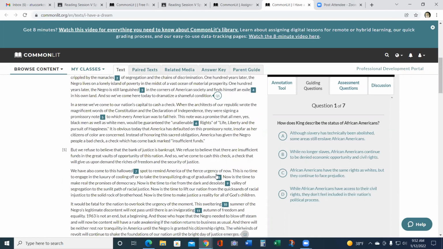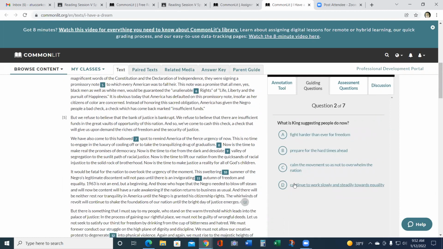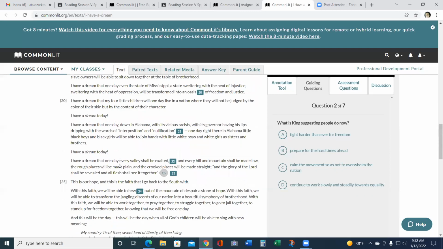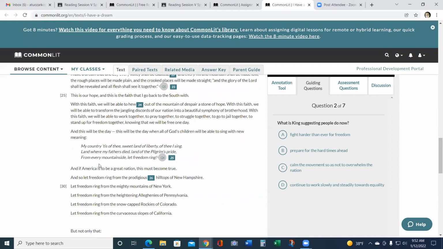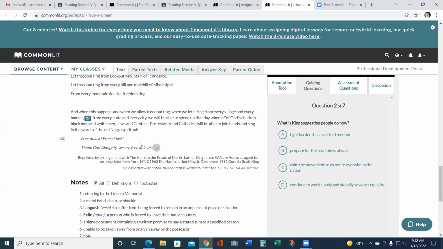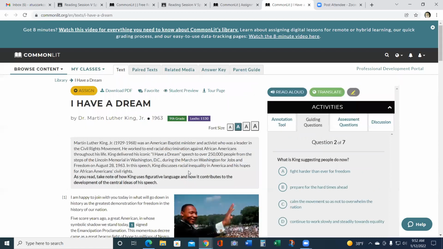You go back and read. Then you get to question 2, and you put in your answer. And those are very simple. It's simple to use. I actually like it because it goes, read a little bit, do a question, read a little bit, do a question. And so I think there's 7 questions total. So it won't take you that long when you get into that.